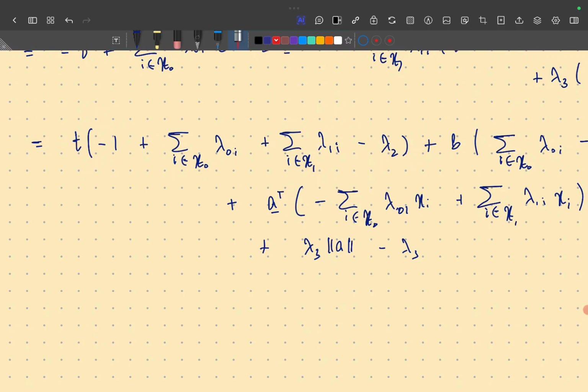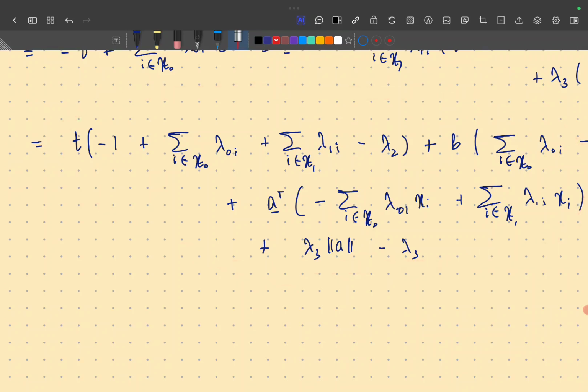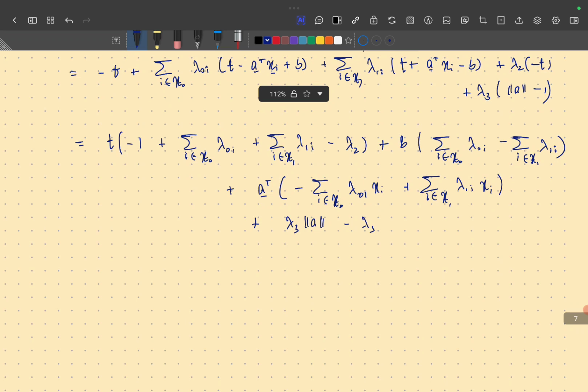Okay, so what is the infimum of this whole quantity with respect to t? Let's try to think about it one variable at a time. What is the infimum over t?